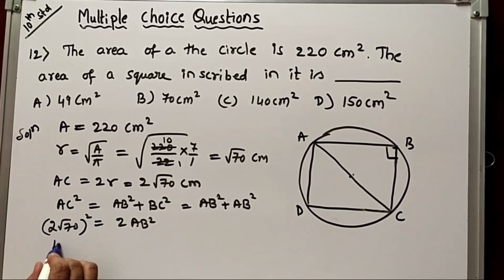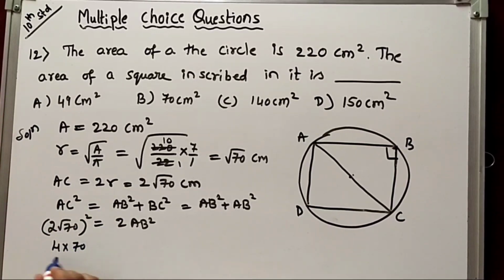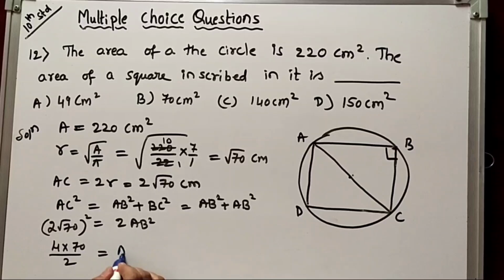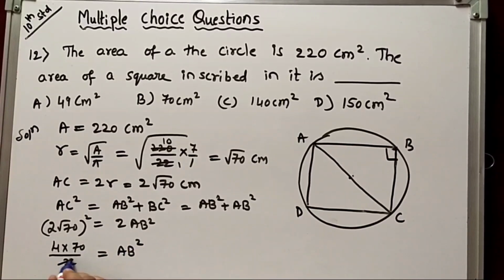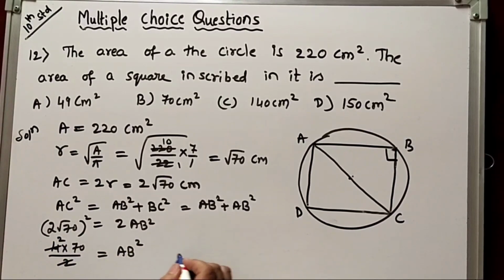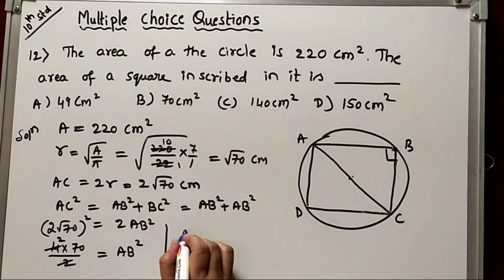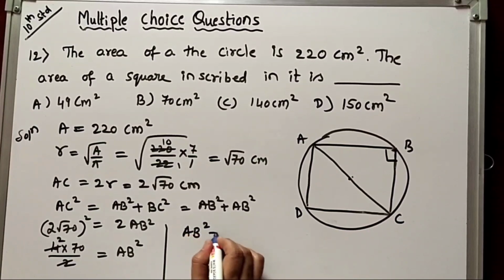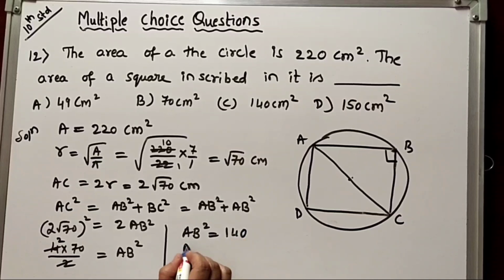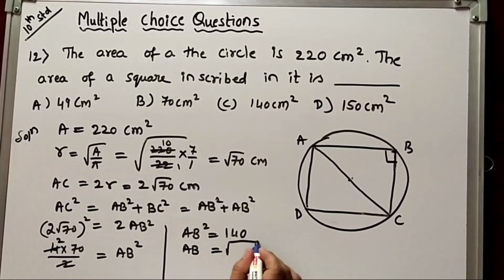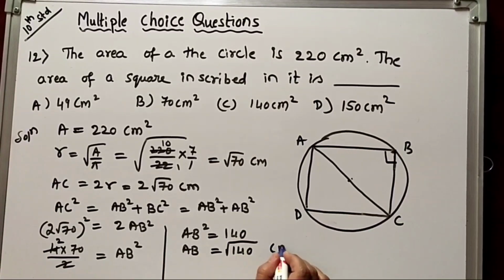It is 4 into 70 by 2 is equal to AB square. So AB square is equal to 140, and AB is equal to square root of 140. It is the side of the square.